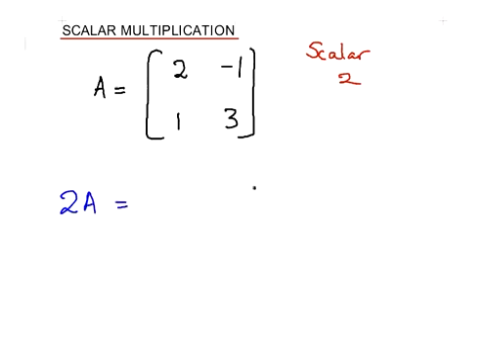To compute the scalar multiplication, what we do is simply multiply each element of A by the scalar. So in this case, we're going to have 2 times 2, which is 4, minus 1 times 2, which is minus 2, plus 1 times 2, that is 2, and 3 times 2, that gives us 6. That's it. That's scalar multiplication.